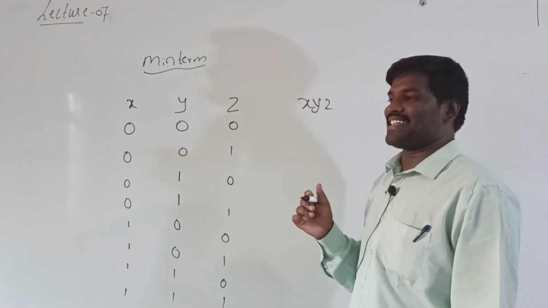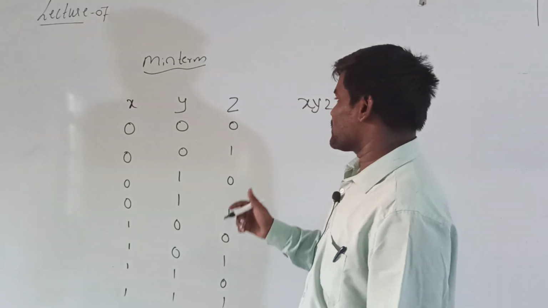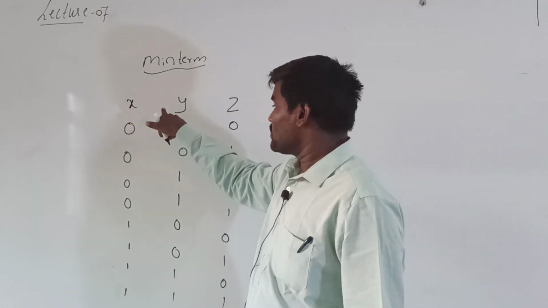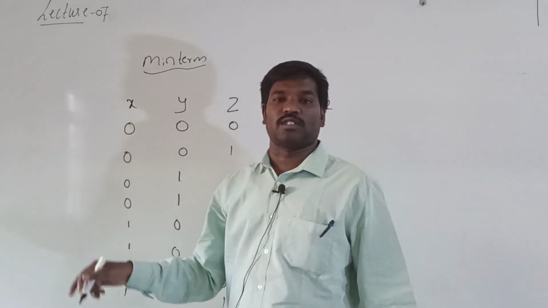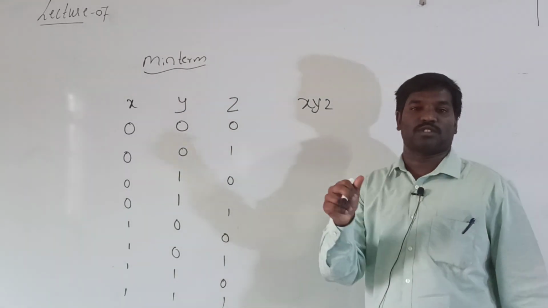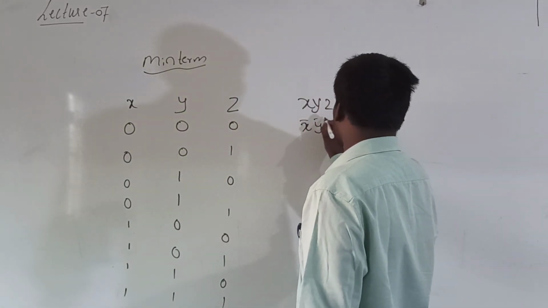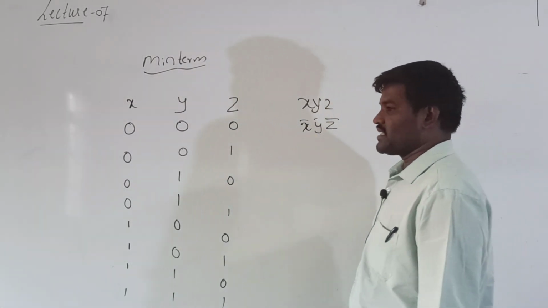So I already said that 0 indicates x bar, 1 indicates x. See here 0 is there, it means x bar. In the y column first value is also 0, in the z column first value is also 0. It means that it is x bar, y bar, z bar. Okay, next see here.